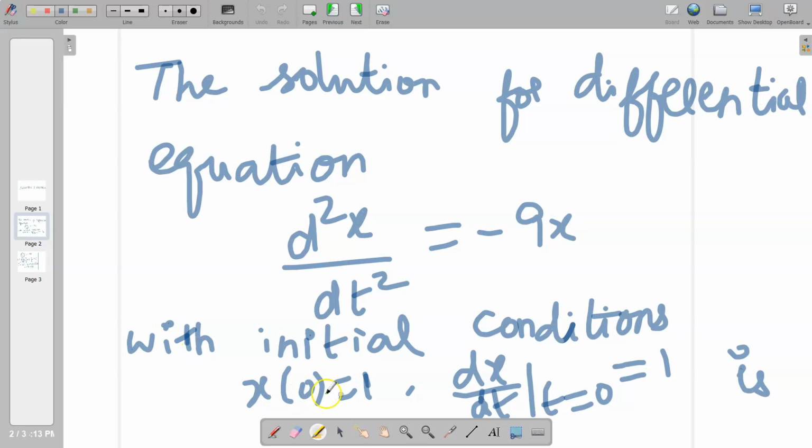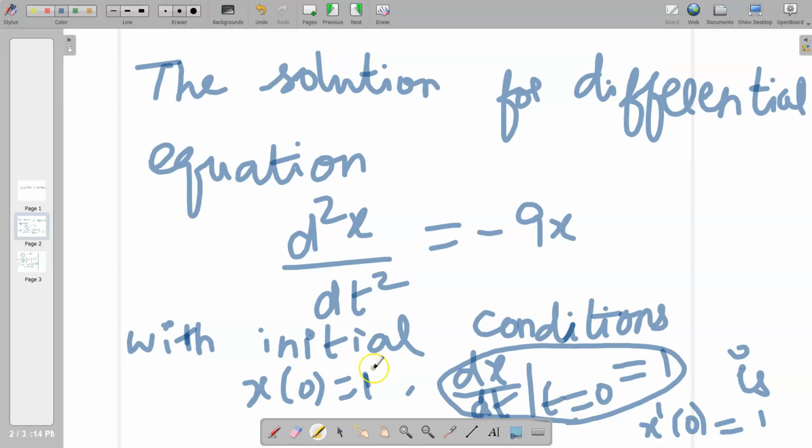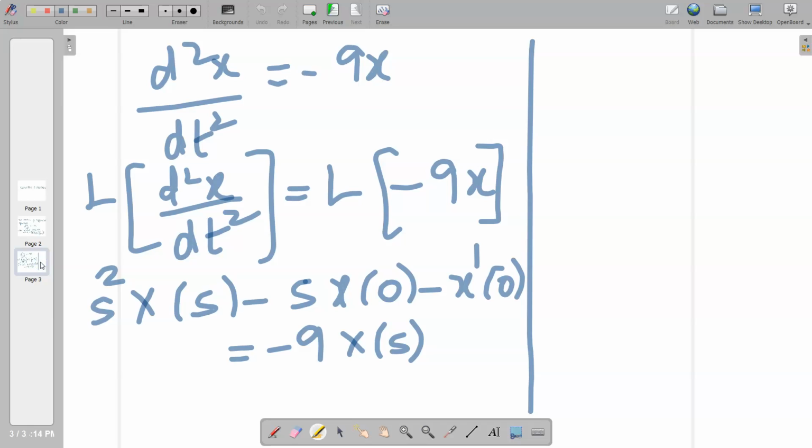They have given x of 0 equal to 1, and dx by dt at t equal to 0, which is nothing but x dash of 0, is also 1. So we apply these two values.